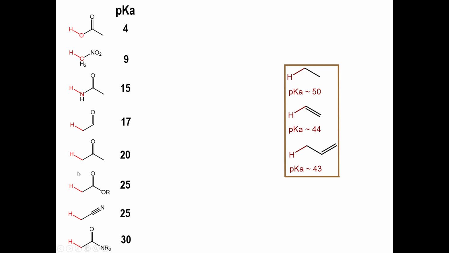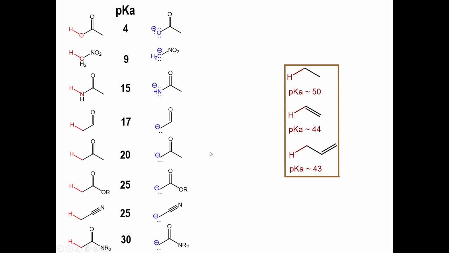And what really makes the difference here is the presence of oxygen. That high electronegativity and that polarization is what's allowing these pKa values to drop down considerably compared to your full-on regular hydrocarbons. So when you deprotonate these things, you gotta remember, you're deprotonating the most acidic proton. For your carboxylic acid, you deprotonate that OH, you get your carboxylate.